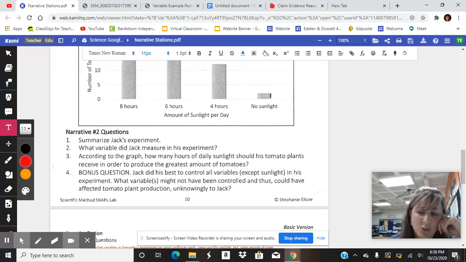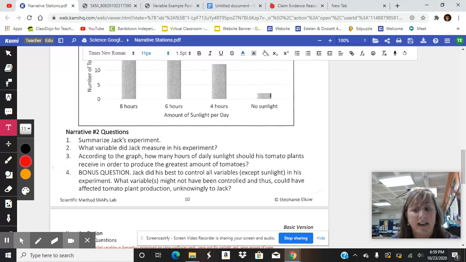And here's a challenge question for you, number 4. Here's a bonus question. Jack did his best to control all the variables except for sunlight in his experiment. What variable or variables might not have been controlled and thus could have affected tomato plant production unknowingly to Jack?